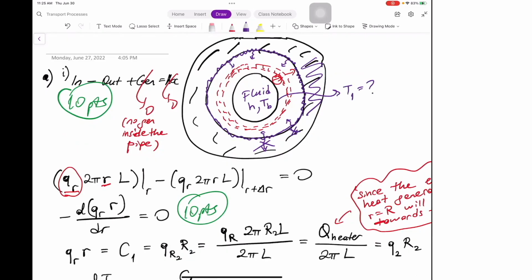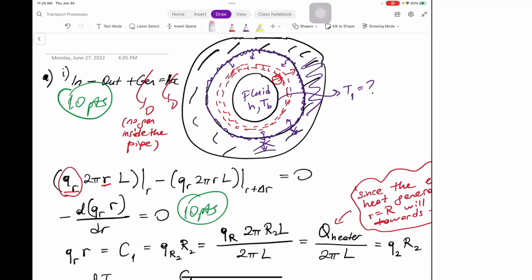It's not given. Although you can write in your boundary conditions T is equal to T1, you should definitely combine it with the fact that you can solve for T1. So your temperature equation should not include the T1. It should include the TB because it's what's actually stated in the problem. It says particularly that fluid is actually boiling, right? If I'm not wrong.